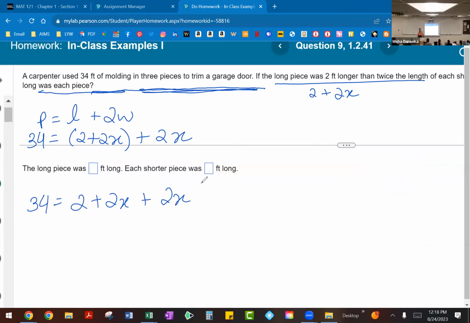So simple equation solving, get your x values together. Isolate the x. Let's see what that means.